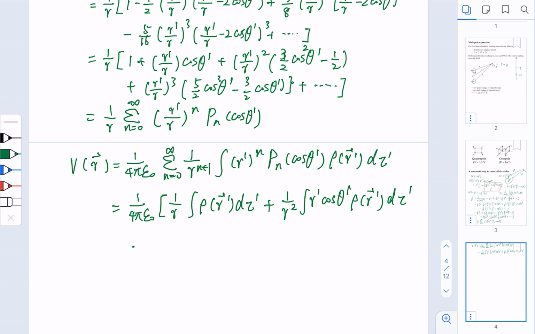And let's write down one more term. So it begins with 1 over r cubed, and then there is r prime squared, and also this 3 over 2 cosine theta prime squared minus half, times rho of r prime d tau prime.